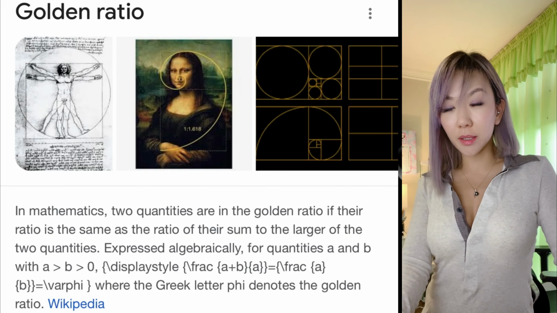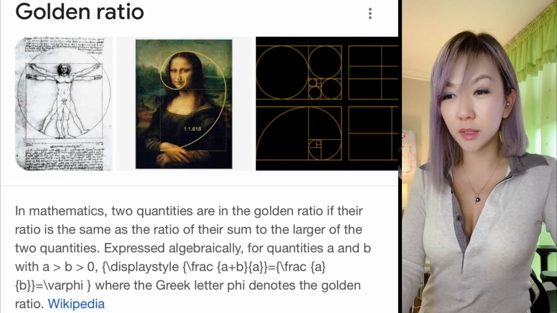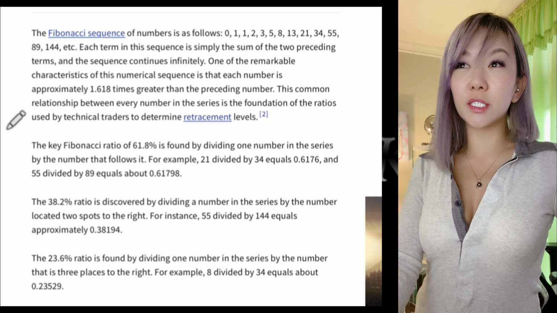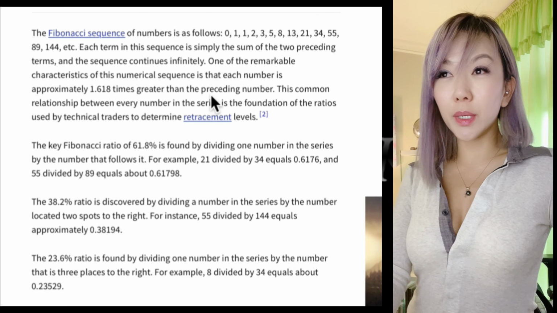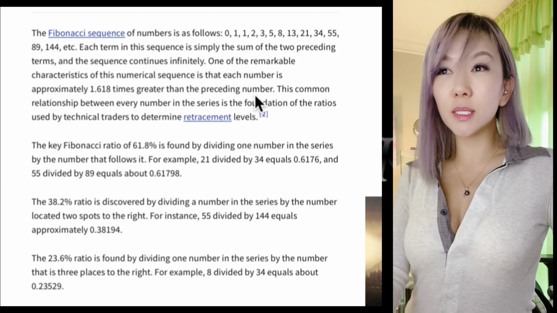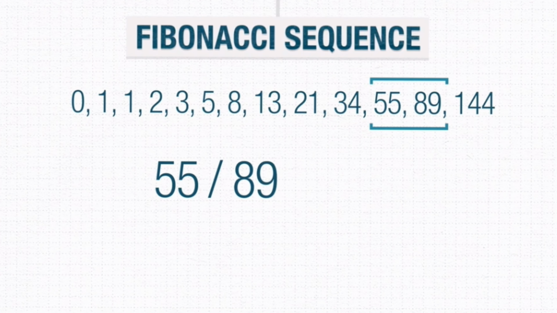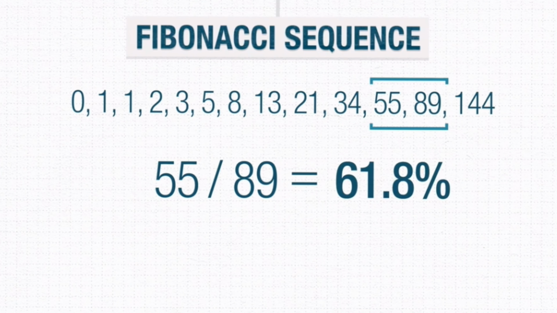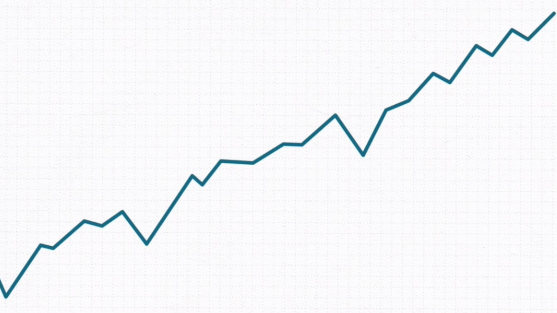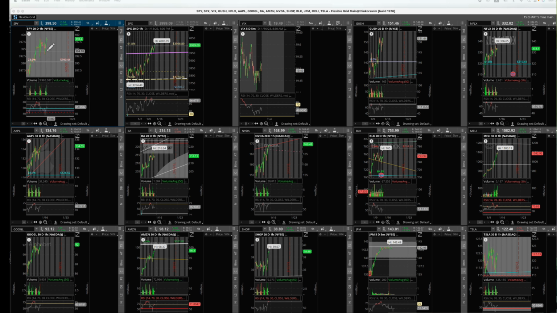So a lot of people call this the golden rule or the golden number, the golden ratio. So 1.618, important to math scientists and interests, approximates 1.618 or its inverse, 0.618.